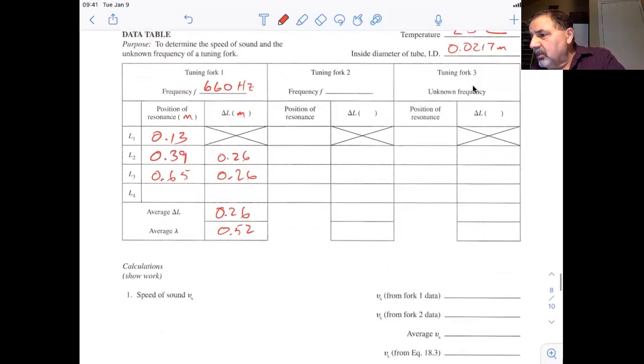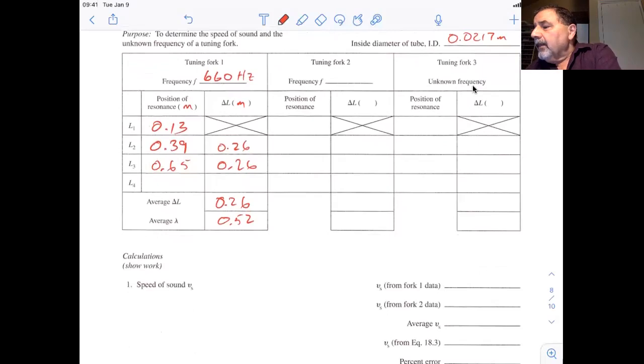So let's see, I always remember distance equals rate times time. That's the one I learned in grade school. So the distance is your lambda. The rate is the velocity of sound in air, and t is the time, which is the period.